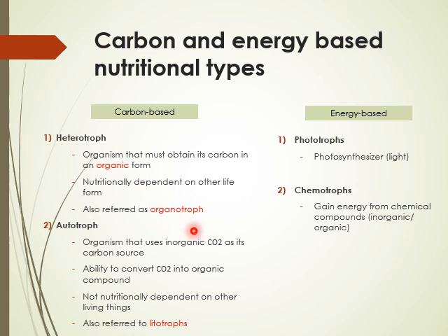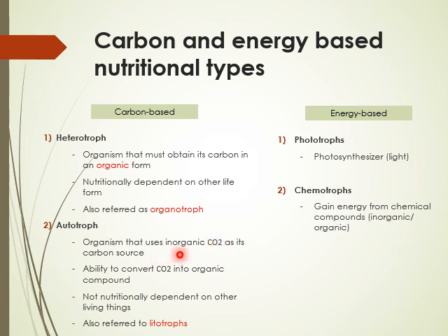Organic, organotroph. Hetero, dependent on other living things. Okay, that's heterotroph. I hope you understand, and it's easy to remember. The next group is autotroph, an organism that uses inorganic carbon dioxide as its carbon source.